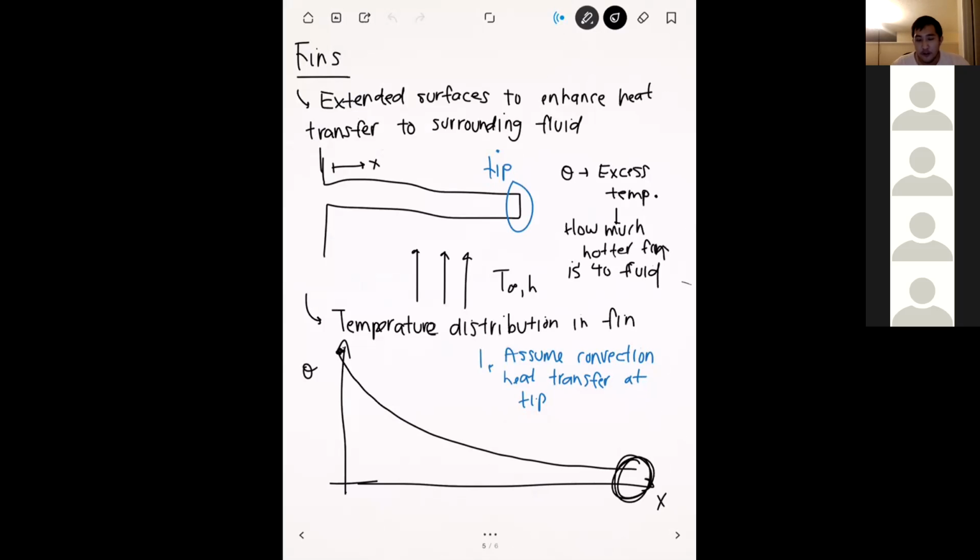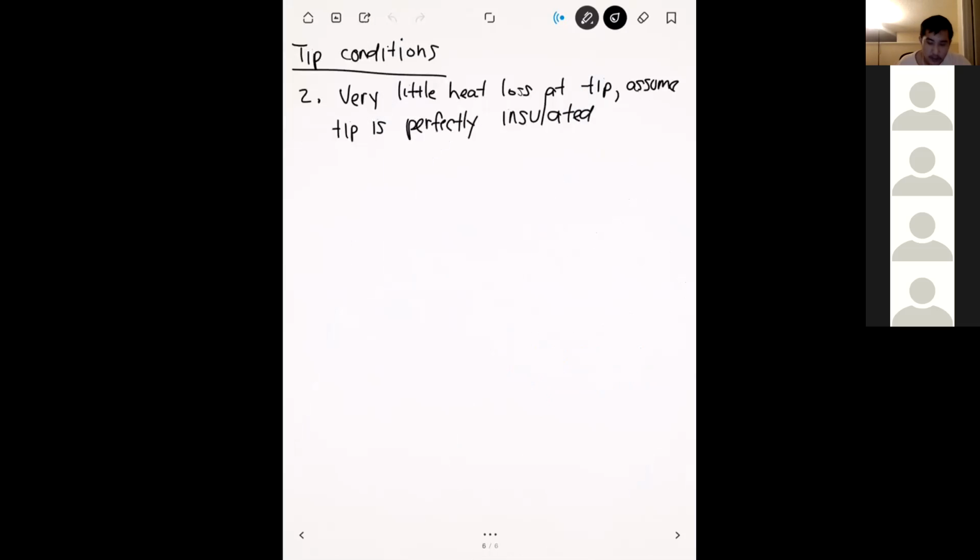If the tip reaches the same temperature as the fluid, then you have no heat transfer there at all.